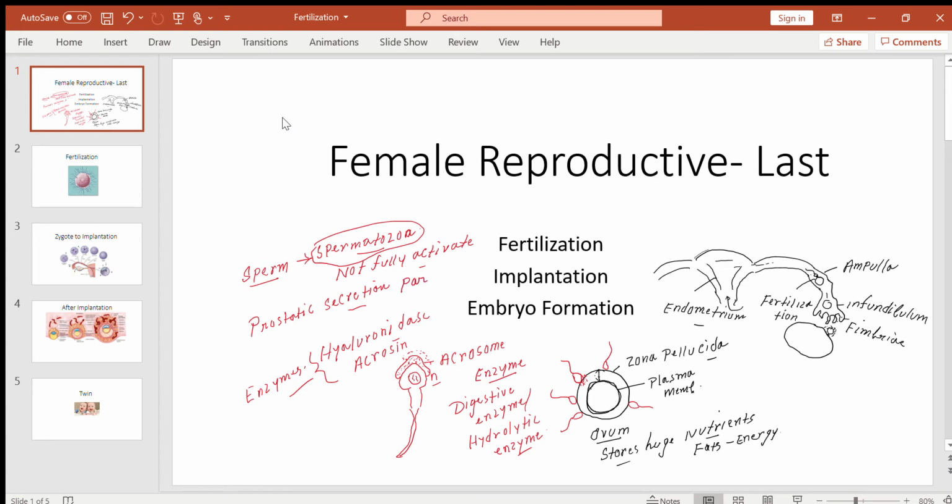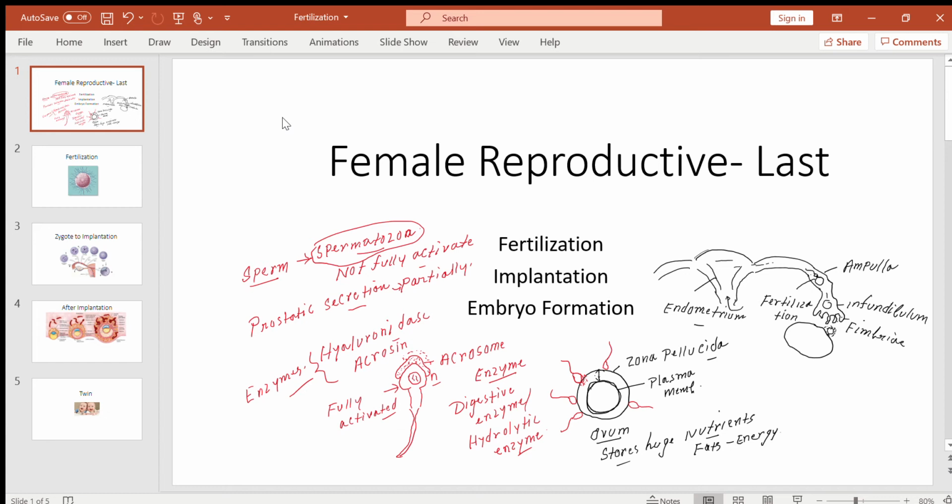However, to make it fully activated, the sperm must enter into the female body.